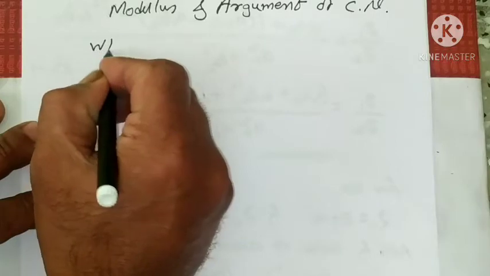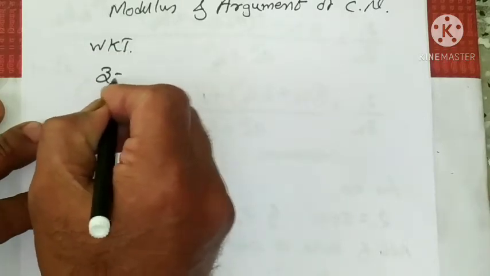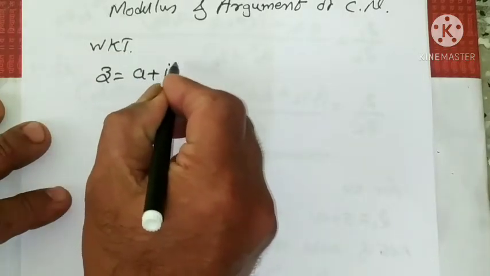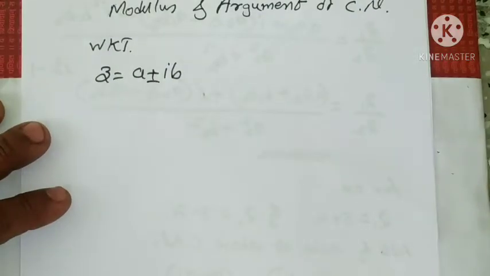We know that Z is equal to a plus or minus ib.